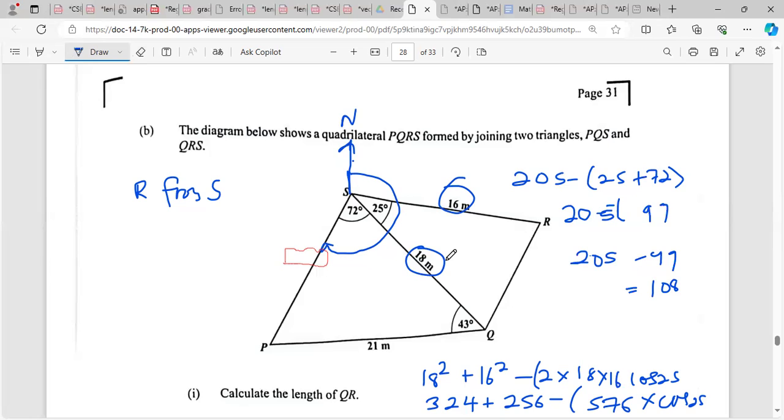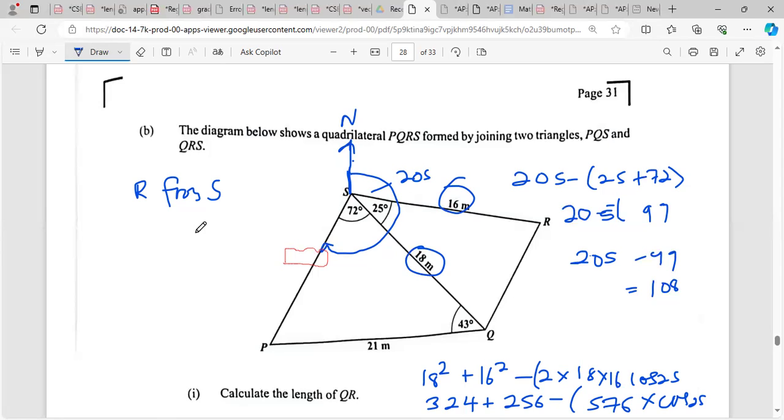They ask us next for the bearing of S from P. So all of this measures 205. From here to here is 205, so we can find this angle right here.